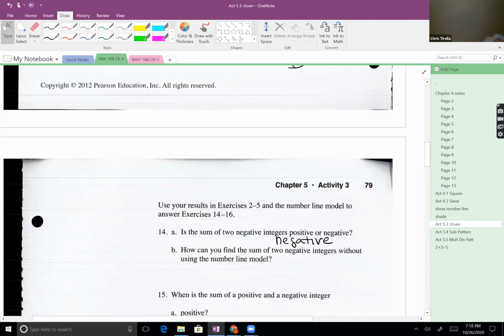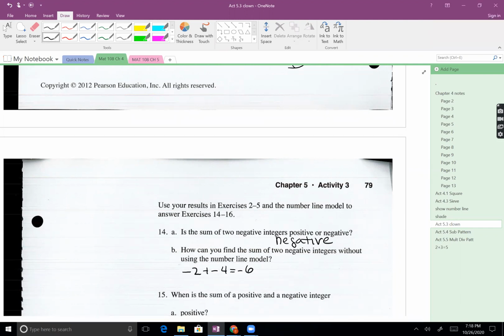How can you find the sum of 2 negative integers without using a number line? We had said that -2 plus -4 equals -6. Without using that clown on the number line, how could you have done it?